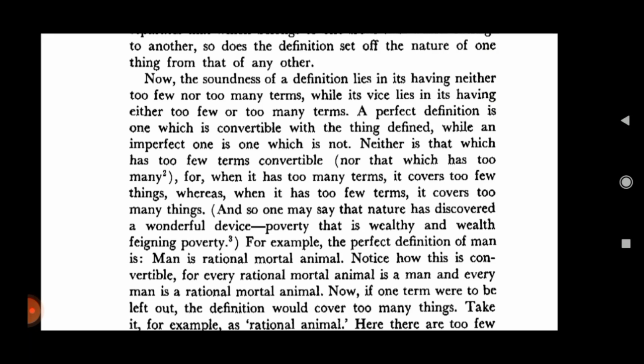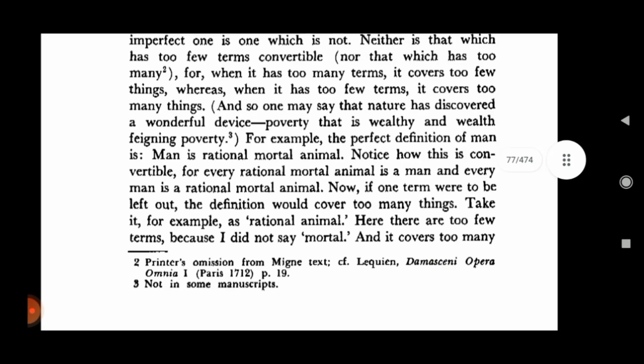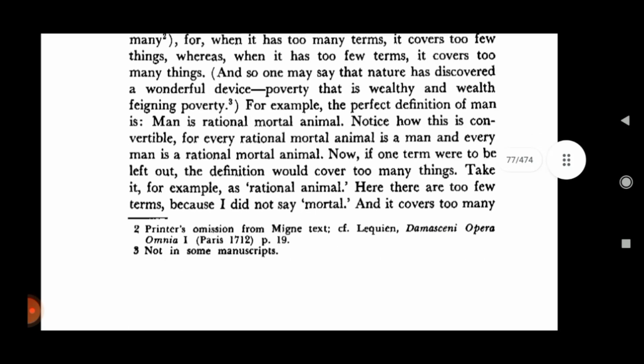For when it has too many terms, it covers too few things, whereas when it has too few terms, it covers too many things. And so one may say that nature has discovered a wonderful device, poverty that is wealthy and wealth feigning poverty.